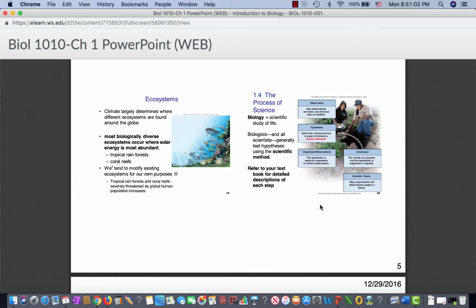And a theory is, after many experiments and observations, and is supported by a large body of data, then you have the best explanation you can get at the moment. So the theory of gravity, for instance. When you say theory in a scientific context, what you are talking about is the best guess we have.